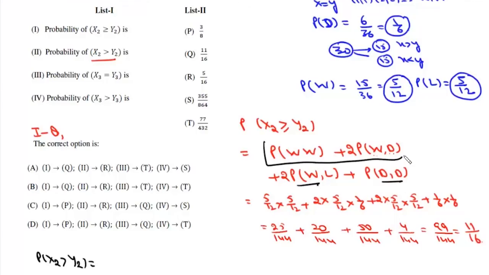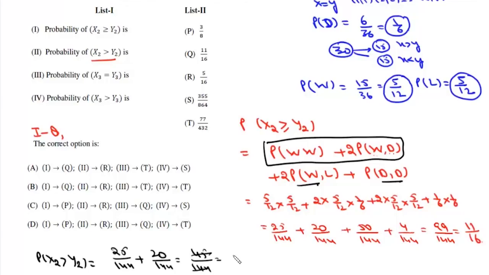So, it'll be this condition, which is 25 by 144 plus 20 by 144, which is 45 upon 144. Now this is 5 by 16. So this second one matches with R. Q, R, Q and R.